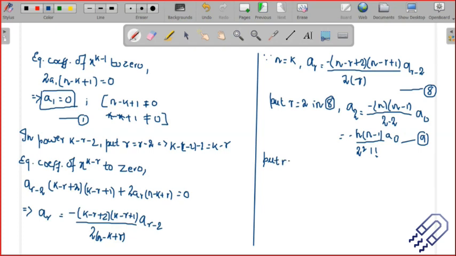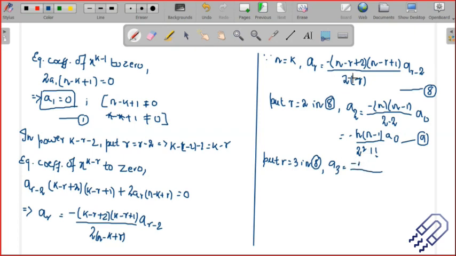Putting r is equal to 3 in 8. Let's put r is equal to 3 in expression 8 and see what happens. So we are going to get a3 is equal to minus n.